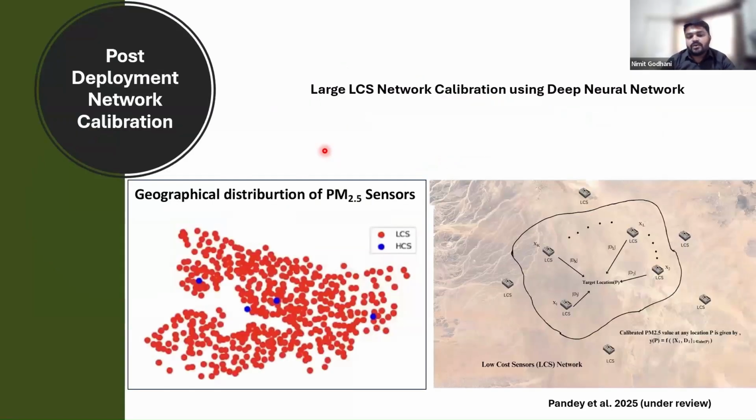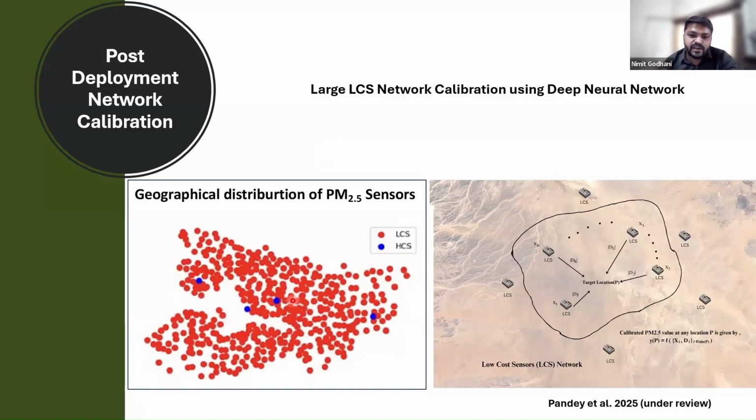After the deployment, suppose this is one state where we have installed so many sensors. How can you calibrate the entire network? This is the big challenge. When we detect this kind of thing, we have the government monitors. These blue dots you can see, there are many more, but there are only about 35 reference grade monitors across the state.